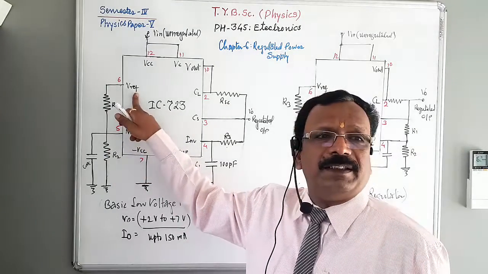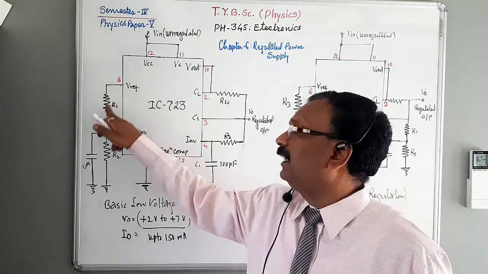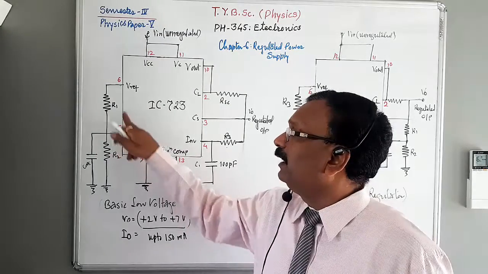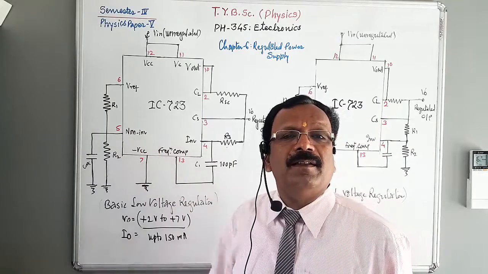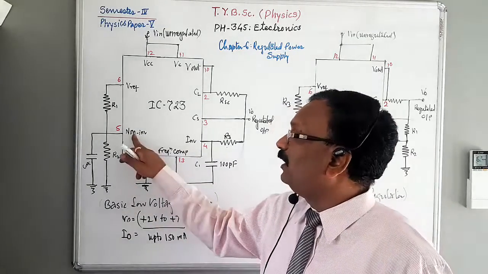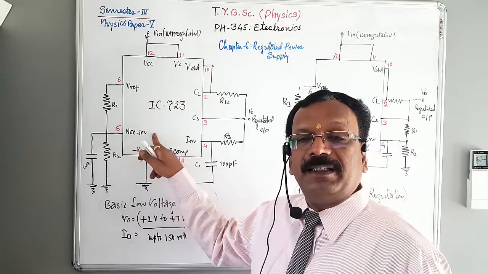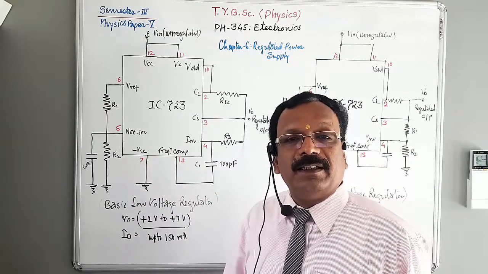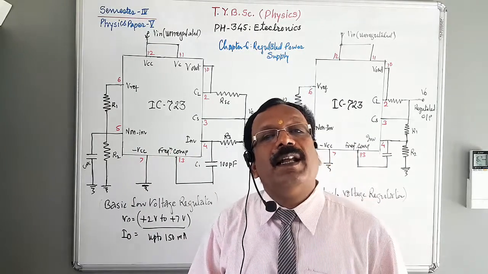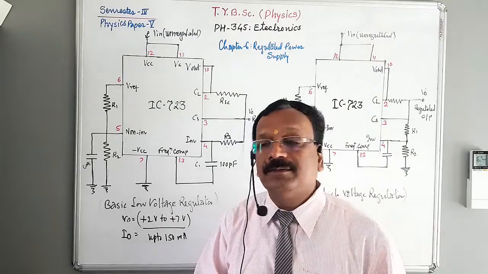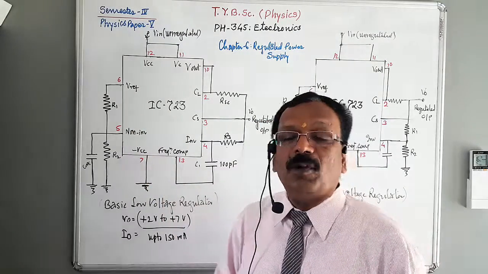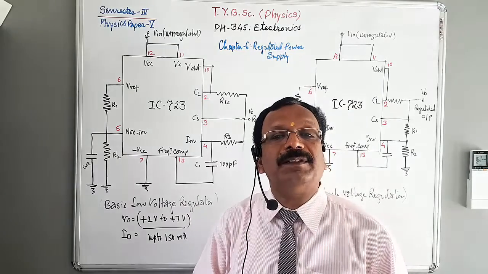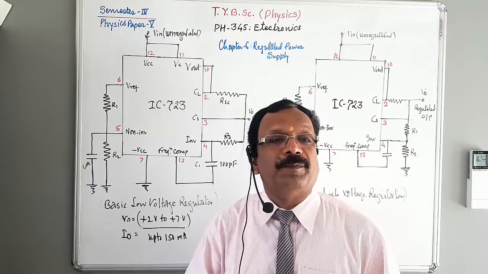The reference voltage at pin number 6 is not applied directly, but through this resistor R1 to the non-inverting terminal, and this non-inverting terminal is connected inside the regulator to the high gain error amplifier. That is pin number 5 of this IC, which in the block diagram is connected to the high gain error amplifier.